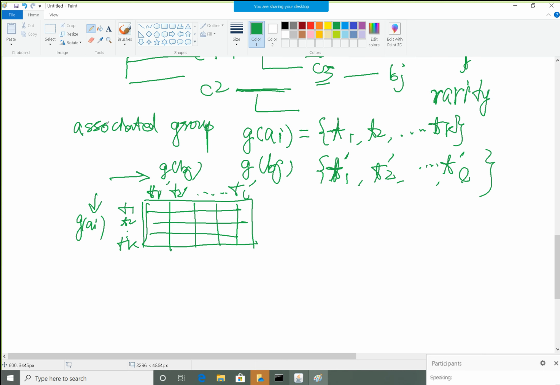Then you can calculate the similarity score between these two proteins in the different groups, right? So you have a similarity score here. You can use the sequence similarity score to put it here.